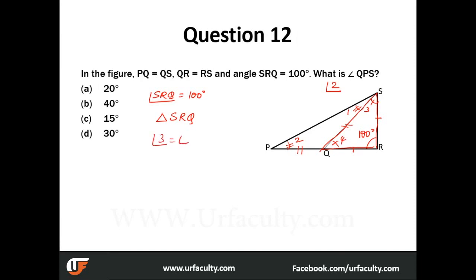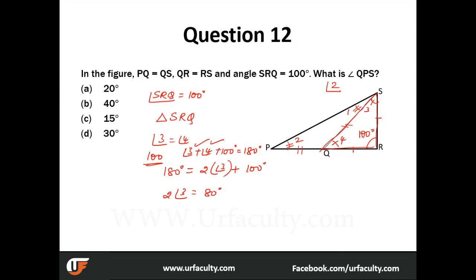So angle 3 plus angle 4 plus 100 degrees is equal to 180 degrees, and since angle 3 and angle 4 are equal, I'll write it as 2 into angle 3 plus 100 is equal to 180. So 2 into angle 3 is equal to 80 degrees.